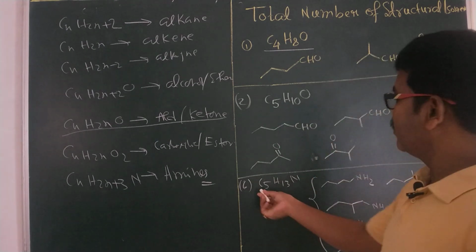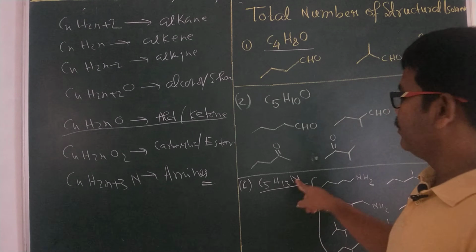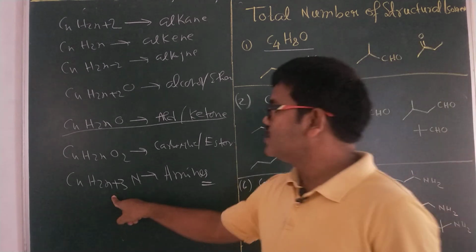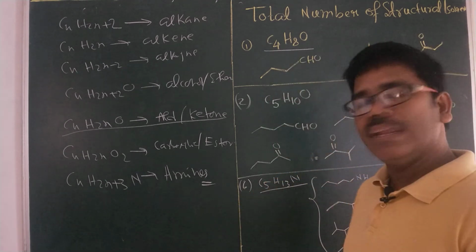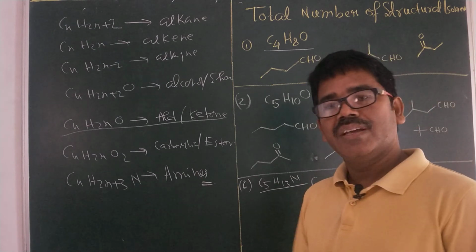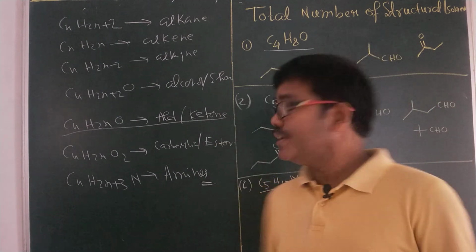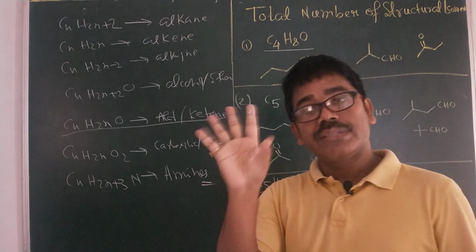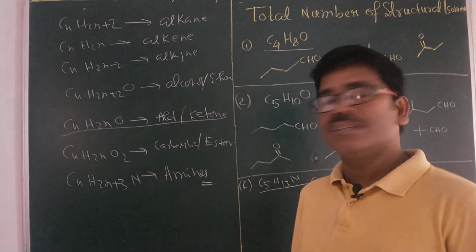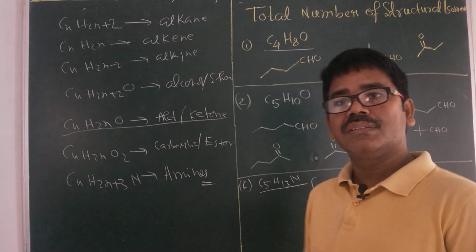If I take this other formula, C5H13N, it satisfies the CnH2n+3N category. It is amines. First of all, I need to identify the possible functional groups present in the given molecular formula.